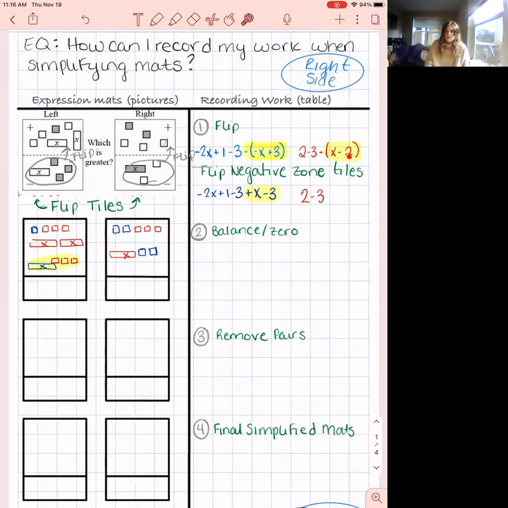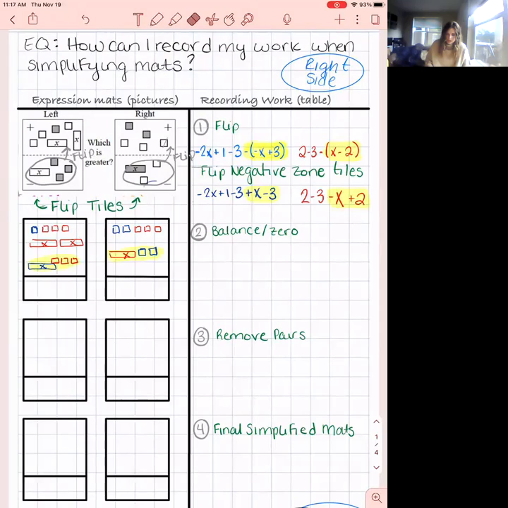When I flip it, it's going to become positive 2, which is what we did over here, minus X, positive 2. So I need to write it as minus X plus 2. Use my highlighter to show what step I just did. And again, that is that part of your picture. Questions on flipping?